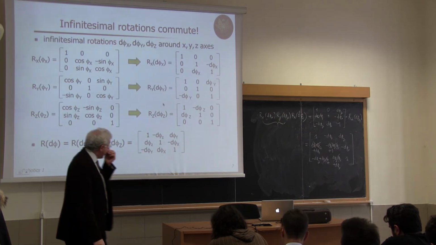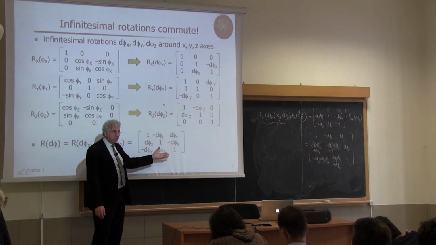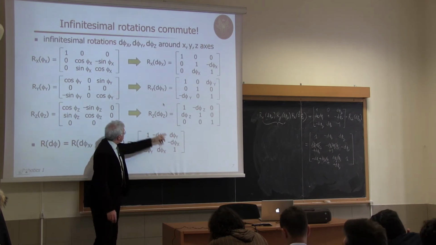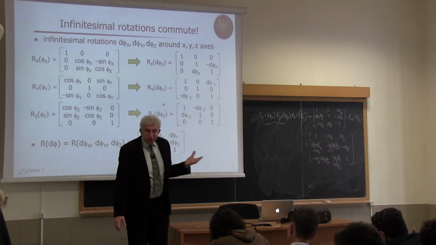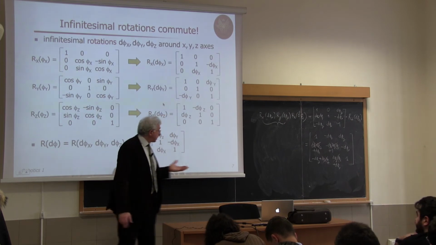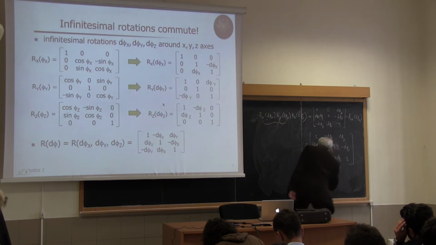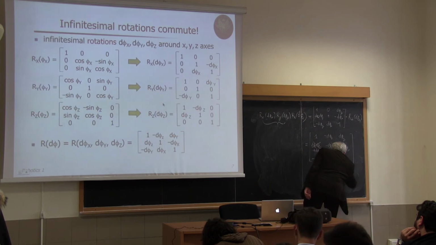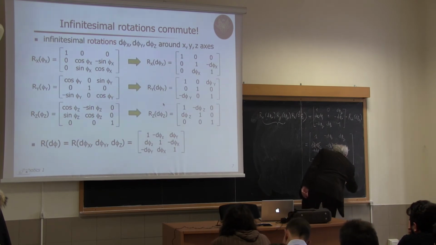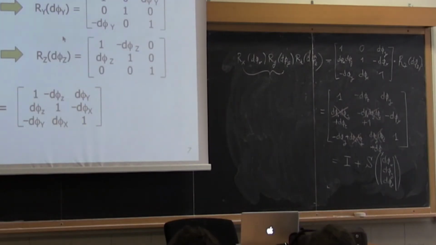Okay? Which is, again, the identity matrix plus a skew-symmetric matrix built with the increments d phi x, d phi y, d phi z, as if they were a vector. So this can be written, in fact, as identity plus the skew-symmetric matrix built with this vector. Okay?